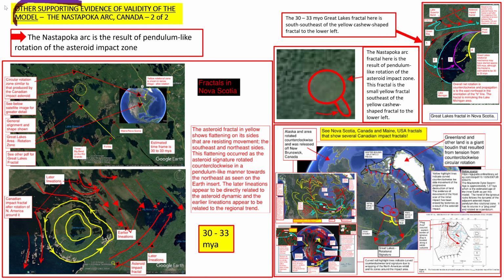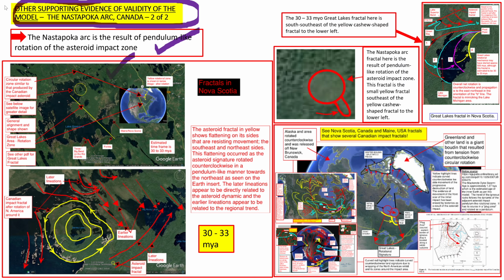Okay, other supporting evidence of the validity of the model: the Nastapoca Arc, Canada, slide 2 of 2. Nastapoca Arc is the result of pendulum-like rotation of the asteroid impact zone. Saw that on the previous slide. On this one, look at the fractal here in Nova Scotia, the left side. In the yellow circle is what's blown up below. This is a 30 to 33 million-year-old fractal, and you can see that asteroid impact fractal has already rotated.